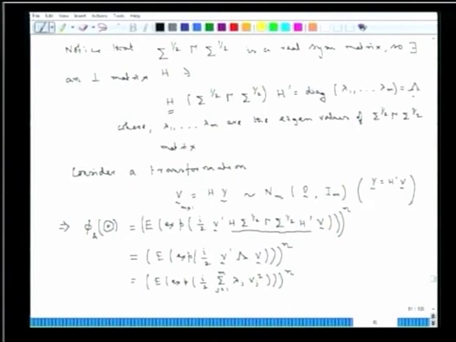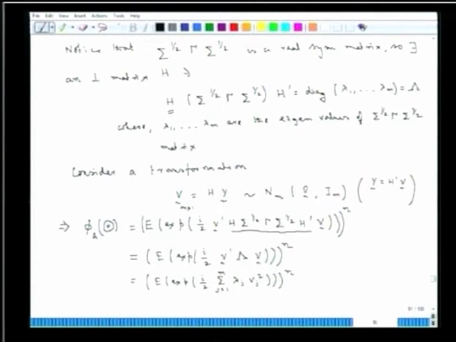So capital lambda is the diagonal matrix containing the eigenvalues lambda 1, lambda 2, lambda m, and the Vj squares are independent chi-square random variates.